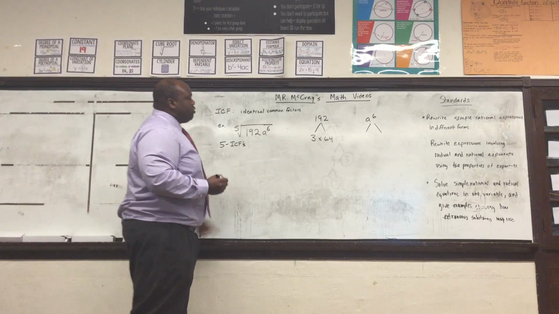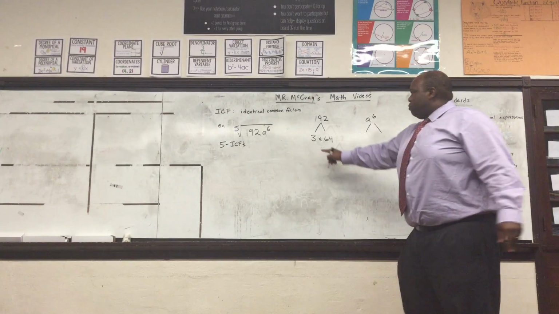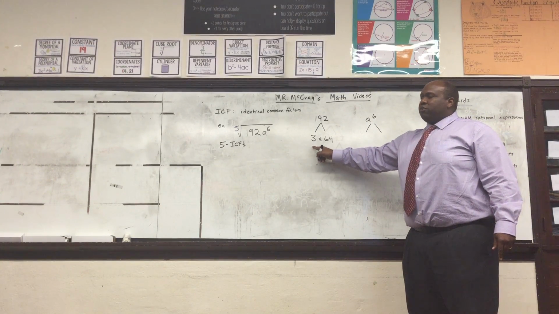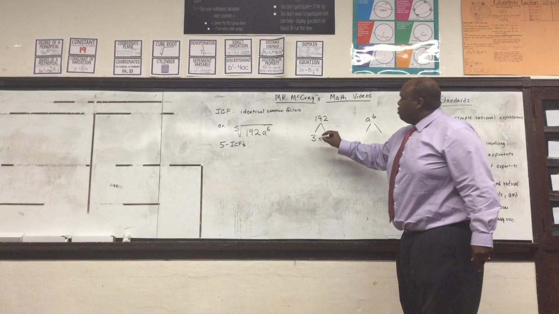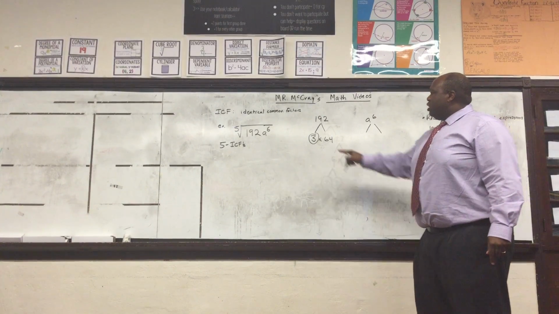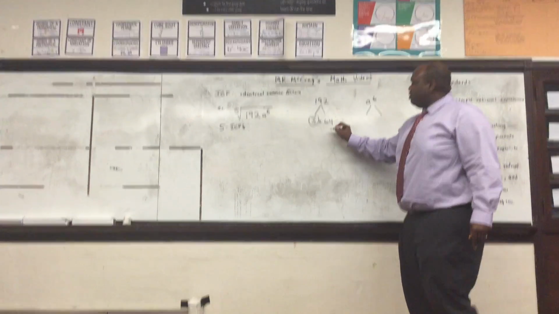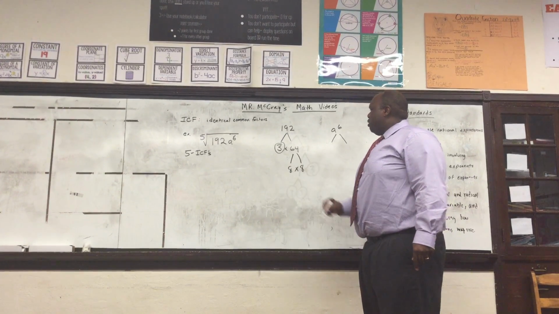Okay, we already know that 3 is going to be a prime factor because there's no other one that's going to be factored into 3. So I'm going to make a circle on that. Now I'm going to factor down the 64. We should all know this. 8 times 8. That works.